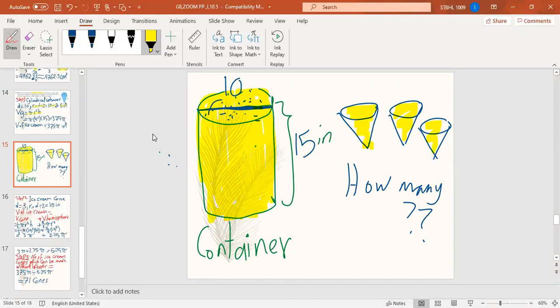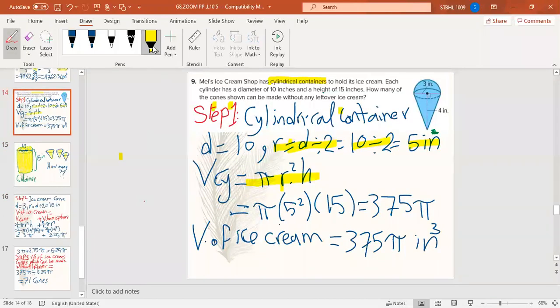Okay, and now we need to find the volume of one cone of ice cream, which is shown here. What is given related to the ice cream cone? The diameter of the ice cream cone, which consists of two composite solids: a hemisphere stacked on a cone.